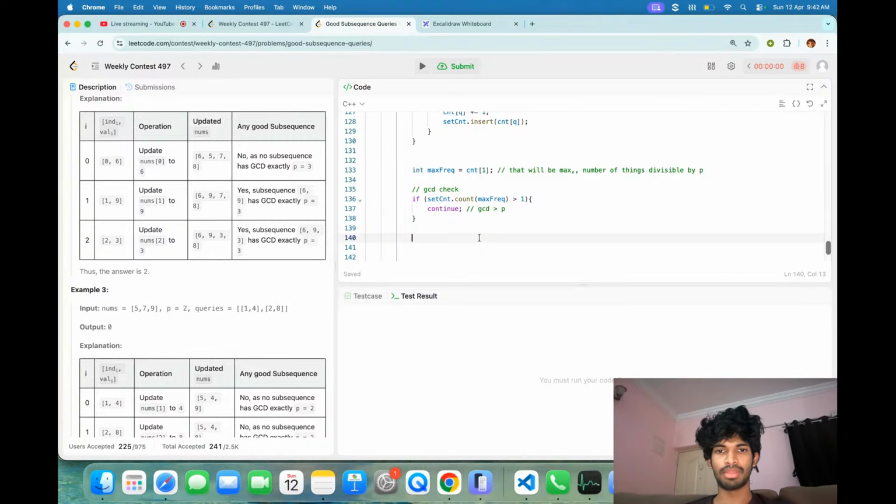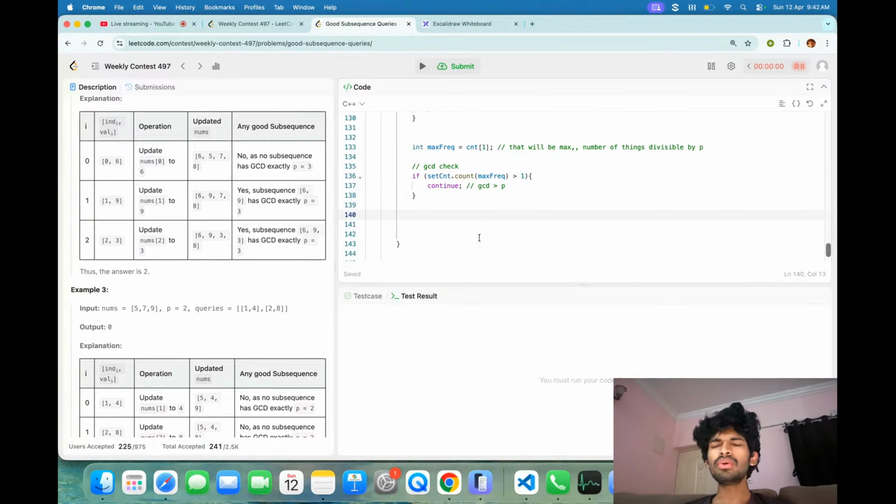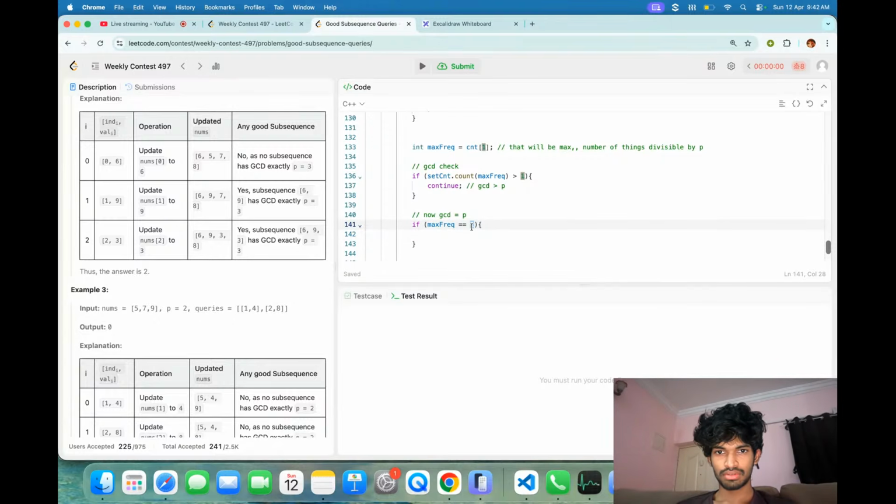Which will be the maximum. And now we have to think. Now GCD equals P. If max frequency equals 1, sorry, less than n, then you have your answer. Continue.